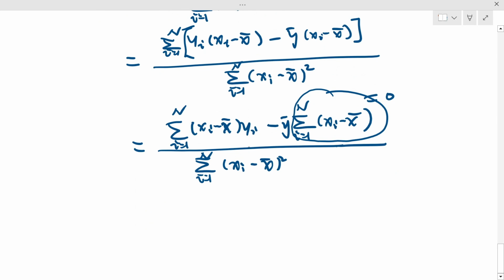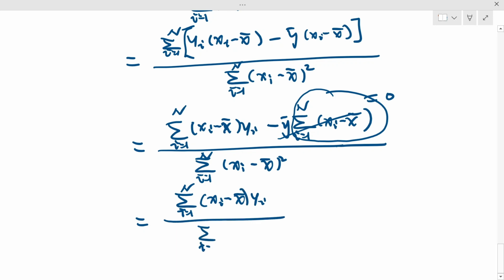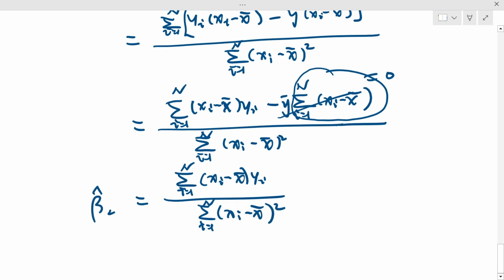So this term disappears. So we get for beta 2 hat this. We can write this as these terms.